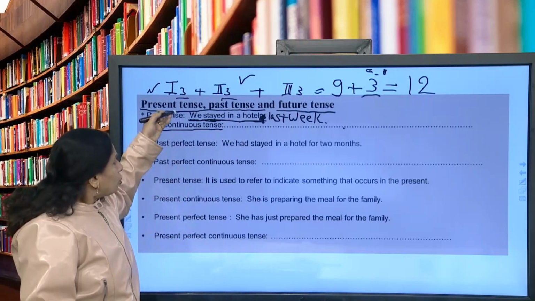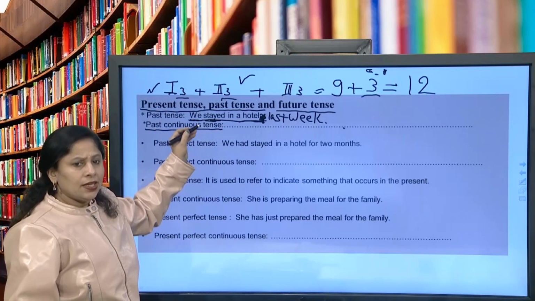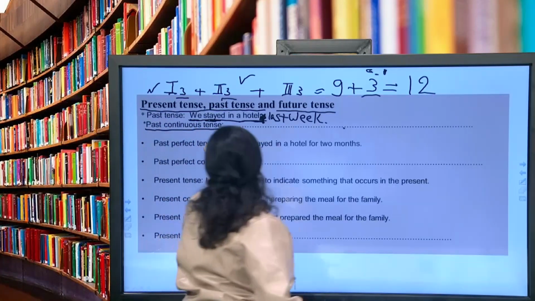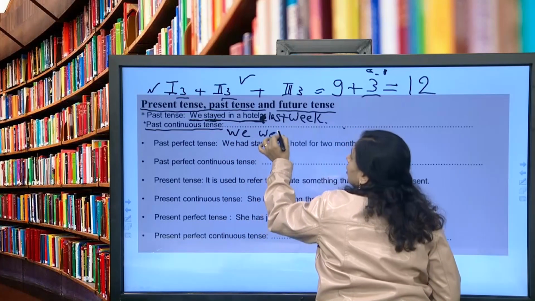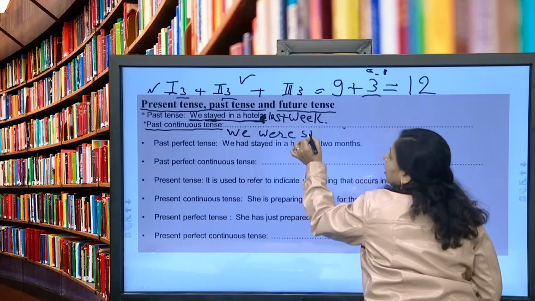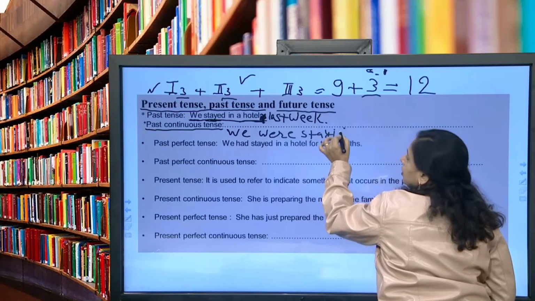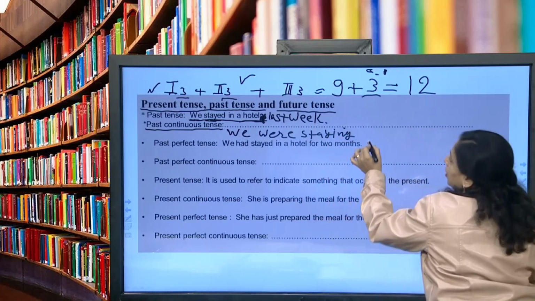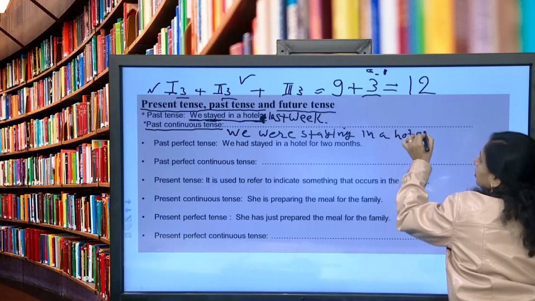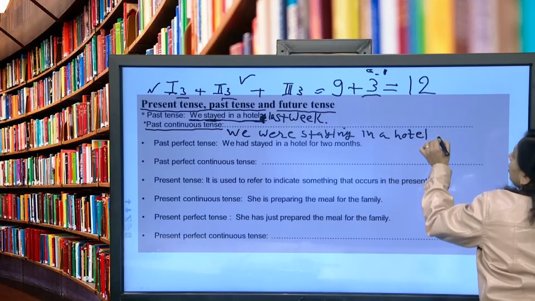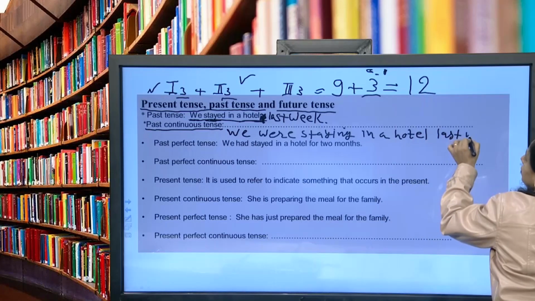We are going to convert the simple past tense into the past continuous tense. For example, we were staying in a hotel last week.